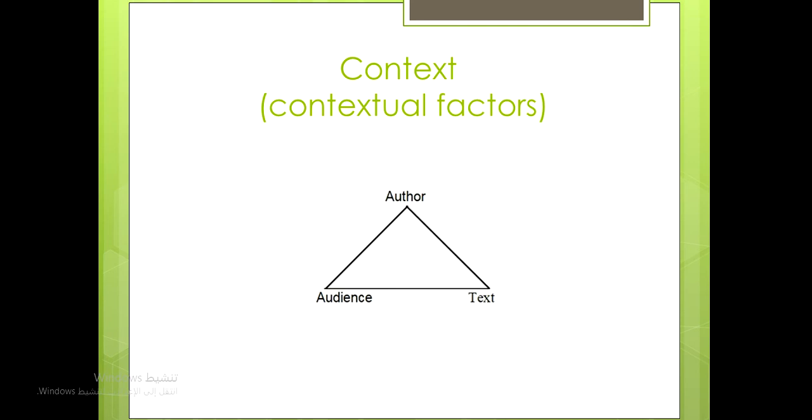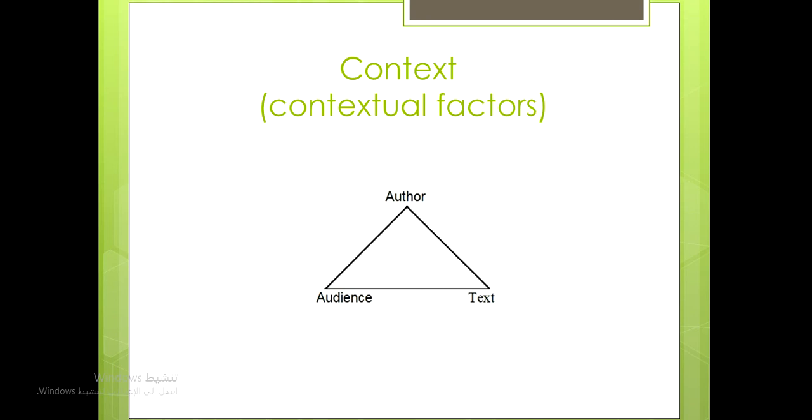Okay, now let's go to this very important slide that talks about context, or the contextual factors. Any translator, when he deals with some texts, may think about three things, which are the author, the audience, or we can say the target reader, and the text itself.